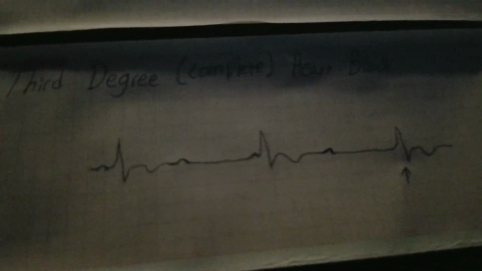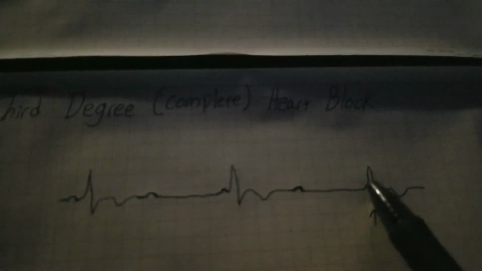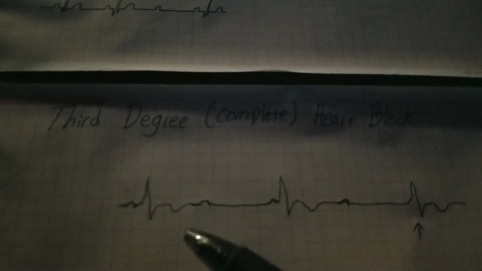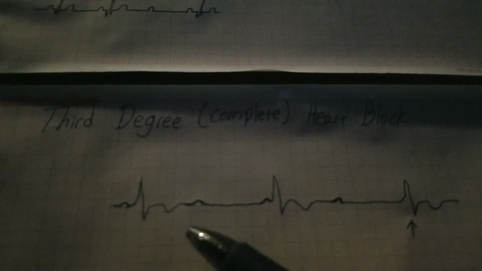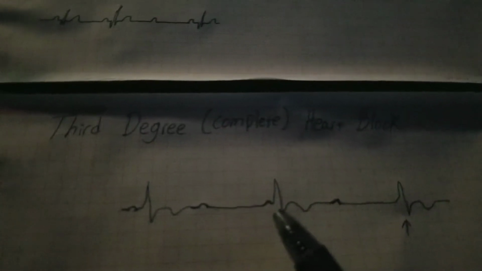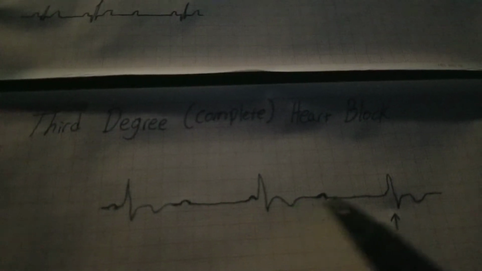The third degree heart block is the only rhythm that I have found, that I know of, where it has the ability to hide the P wave like that behind a complex. No set pattern. I know this is just a short strip here, but if you were to carry this on out, this wouldn't necessarily be something that repeats every 3 beats.